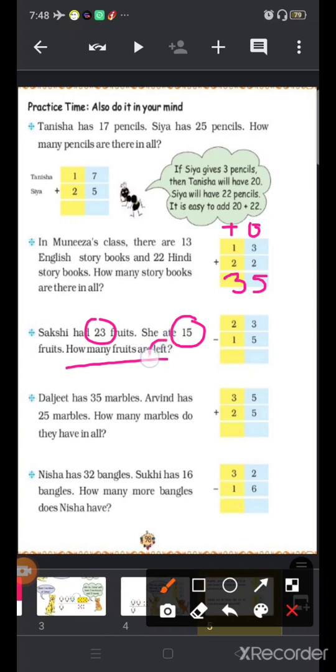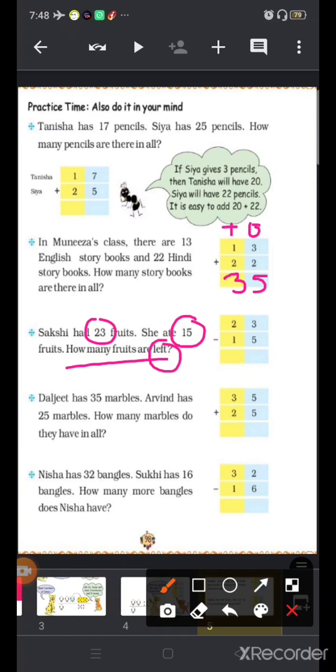If left is written, what is the meaning of left? Yes, it means this is a question of subtraction or minus. When left is written, it means that type of question is a question of subtraction. Okay, so what will we do?